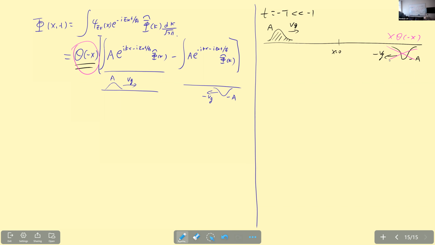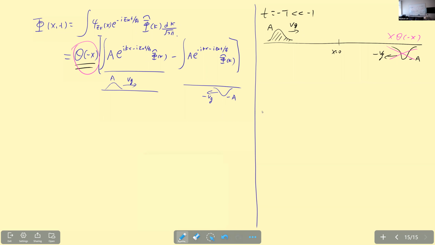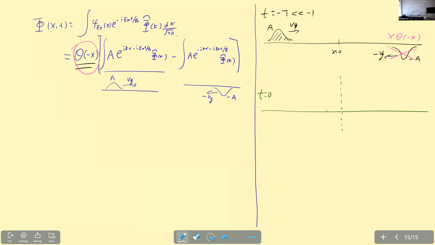Now let's look at t equals 0. What will happen? The right-moving particle goes like this one. But remember, you need to multiply by theta(-x), so actually only this one is real.